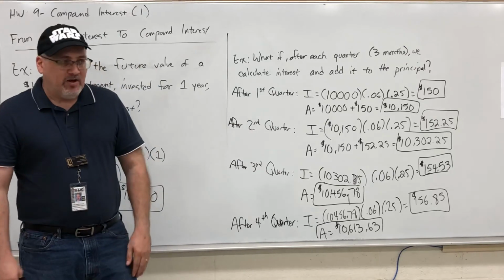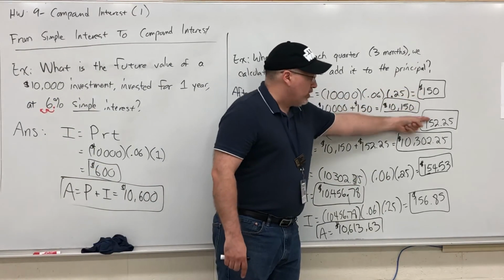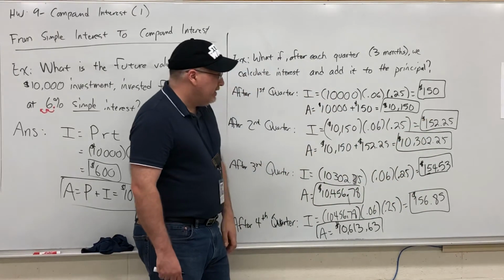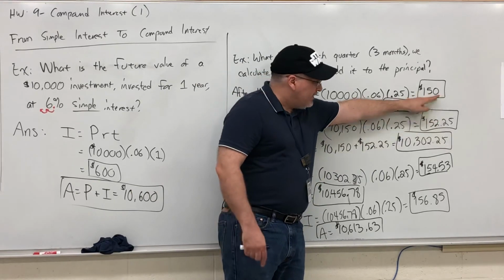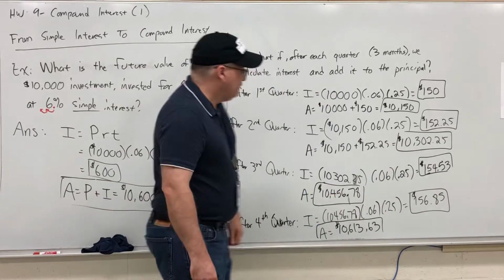The consequence of it is you get smaller chunks more often, but those chunks start getting larger because our principal keeps getting larger. If we had not tacked this interest onto the principal, then this would have been $150 each time, and we would have ended up with the same amount.